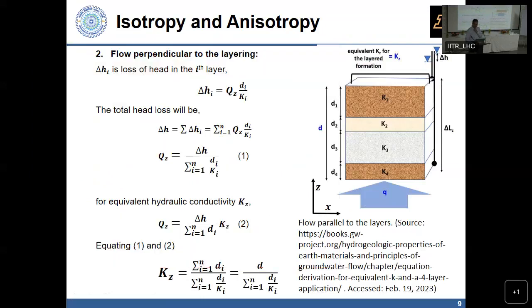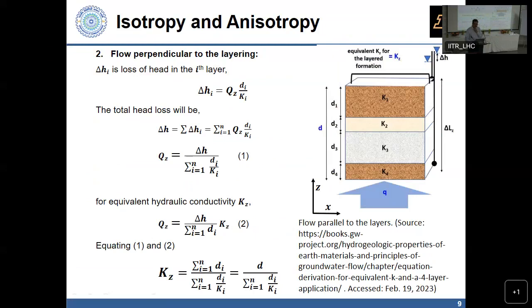But over this distance delta L, the head loss for water in the first layer, the second layer, and the third layer could all be different. So we again apply Darcy's law. If delta H sub I is the head loss, or the difference in heads, in the first layer, that will determine the flow going through that layer per unit cross-sectional area.